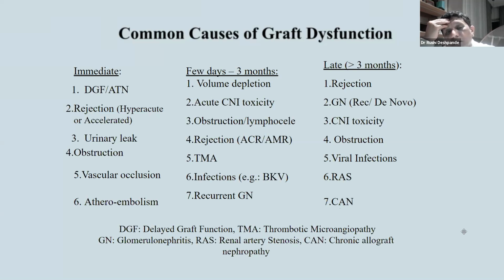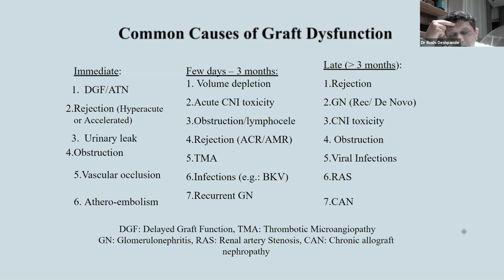Thrombotic microangiopathy is a dreaded side effect in transplantation. Thrombotic microangiopathy manifests with worsening renal function. In the hematological picture, you're going to see a drop in HB, drop in platelets, along with schistocytes in the blood. So any patient with low HB, dropping platelets, rising creatinine, should think about TMA.